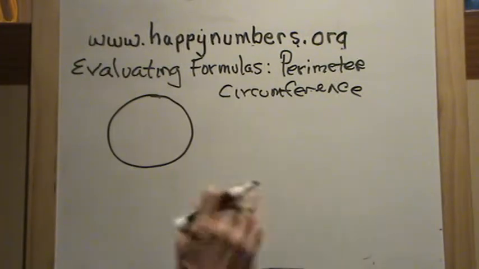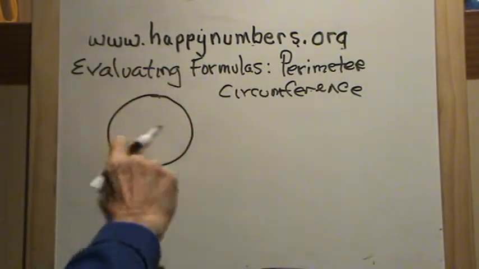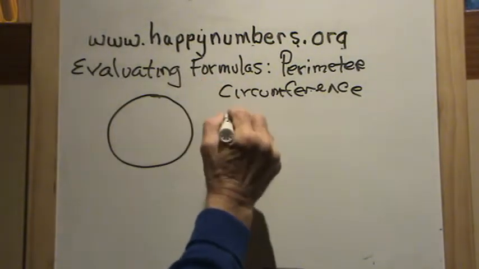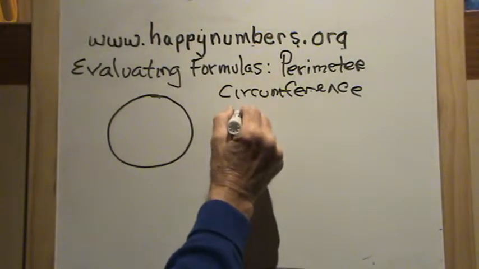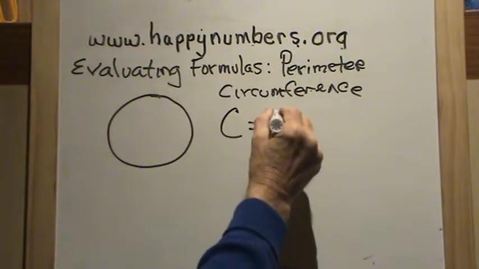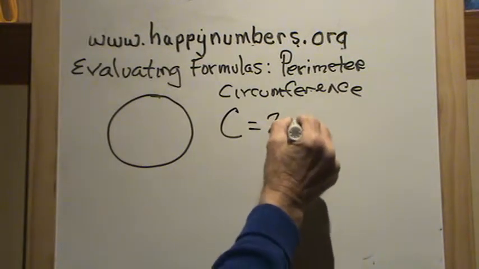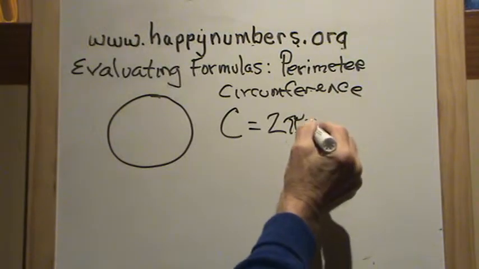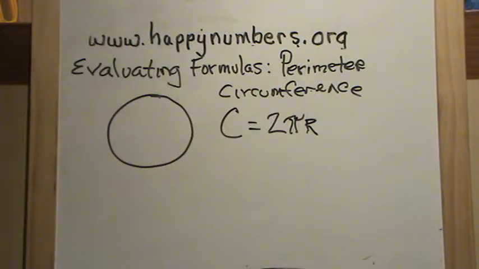The distance around a circle is called the circumference. And the formula for the circumference of a circle is equal to 2 times pi times the radius. 2 times pi times the radius.